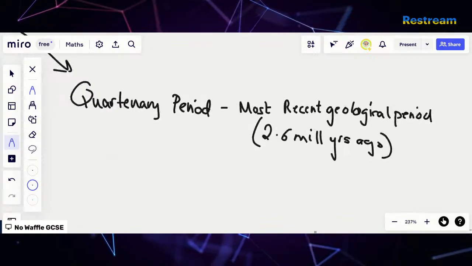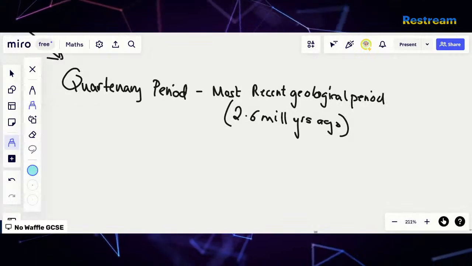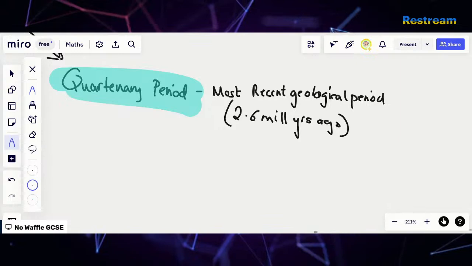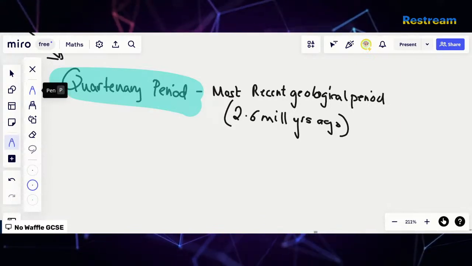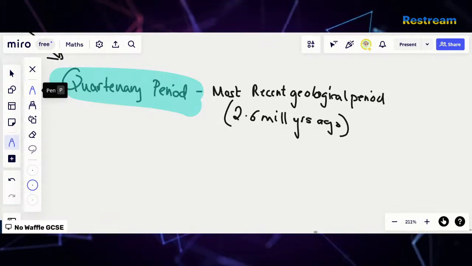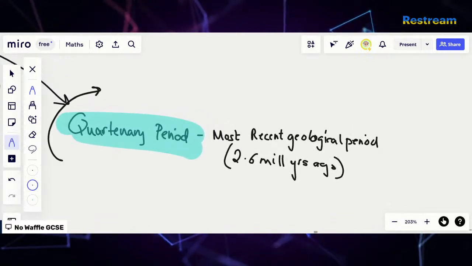So you can tell how long the periods are. If the closest one we had to us was 2.6 million years ago, that means that so far we're 2.6 million years into the current period. Now, in the period before the Quaternary, the Earth's climate was actually very warm and very stable.